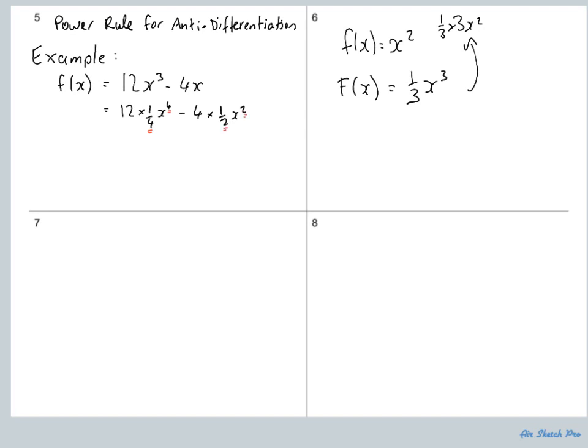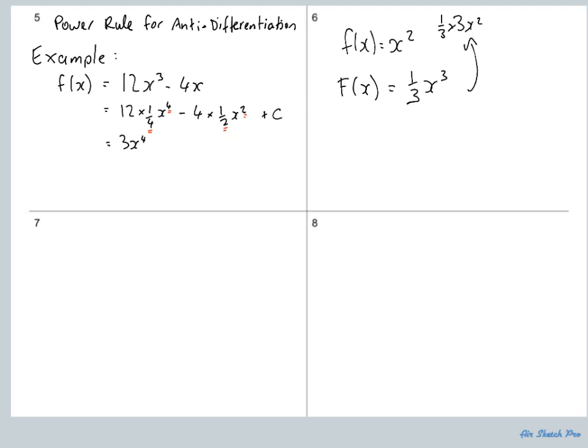The power rule for differentiation was to decrease the power. The power rule for antiderivatives is to increase the power by 1, but then you have to put a fraction outside, 1 over the new power. So if I finish off that problem now, a quarter of 12 is 3, so we have 3x to the power of 4.